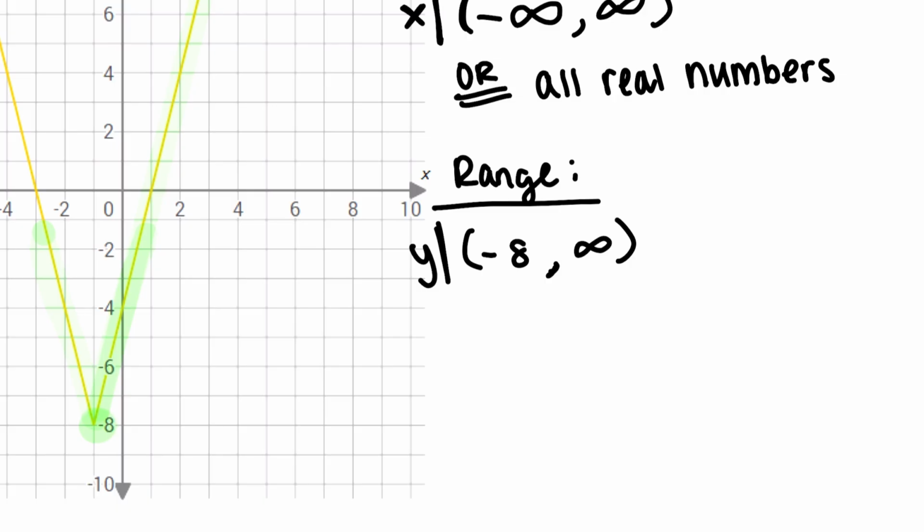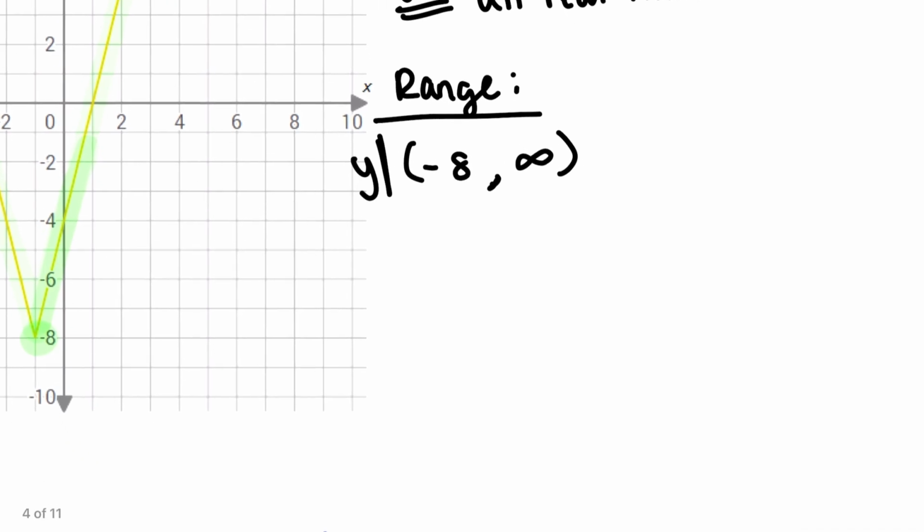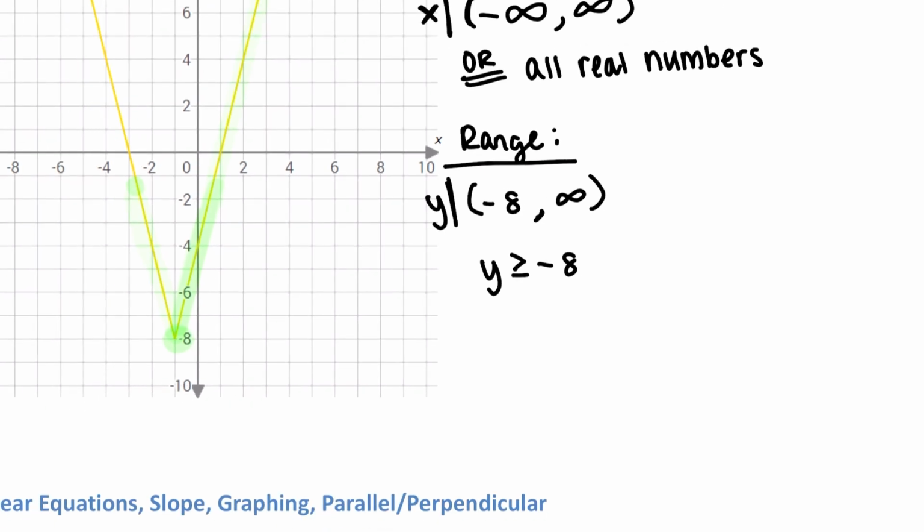Or in Algebra 1 specifically, we are going to write it like y is greater than or equal to -8. Because y can be larger than or equal to that -8 value. That could be any number bigger than that. So that would be our range.